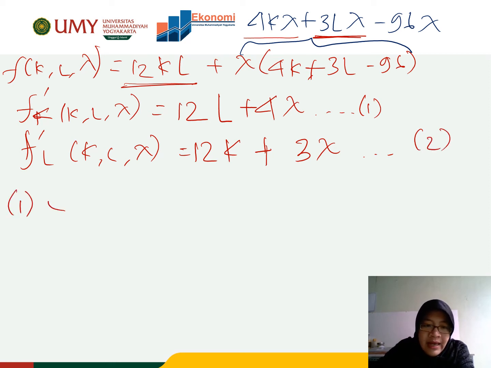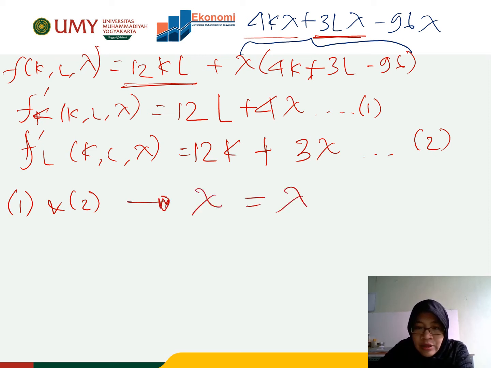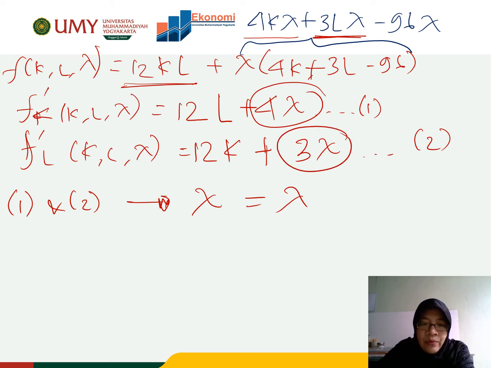Since we have two equations, we are trying to make Lagrange equal to Lagrange, this one equal to this one. So how to make it happen? We can try like this one, sorry, should be 12L plus 4 Lagrange equal to 12K plus 3 Lagrange.